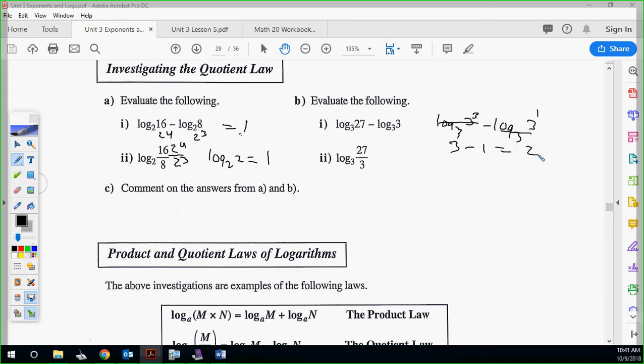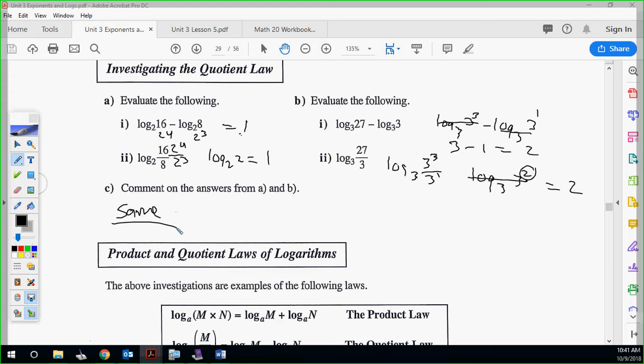If you do it here, you're going to get log base 3 of 3 cubed over 3 to the 1, which is log base 3 of 3 squared, which is 2. Because this cancels. All right, they are the same answers again. Just put same's fine.